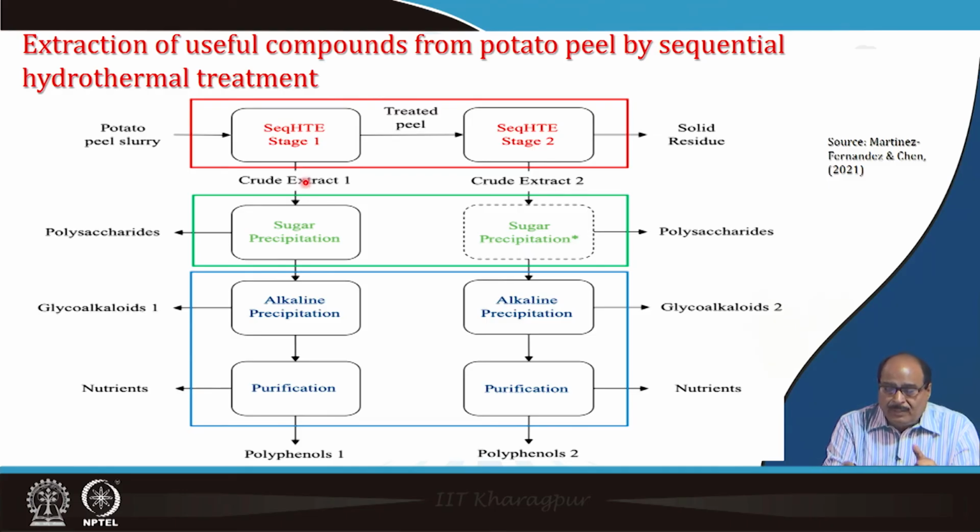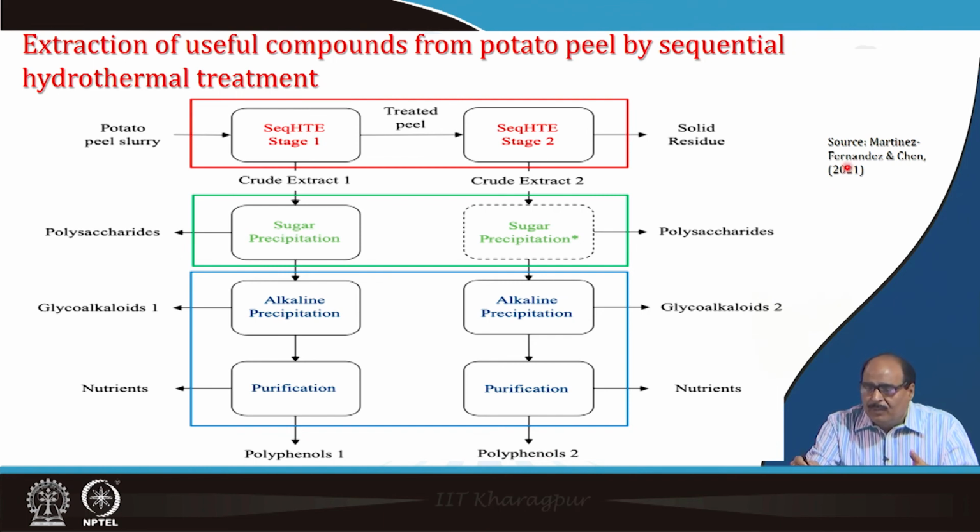So crude stage 1 and crude stage 2 can be further given sugar precipitation, and polysaccharides are separated. Then alkaline precipitation, glycoalkaloids 1 and glycoalkaloids 2 are separated, and finally the purification. By purification you get polyphenol 1 and polyphenol 2 and other nutrients, etc. Of course, the author has given details.